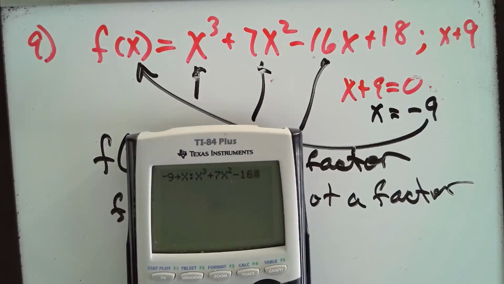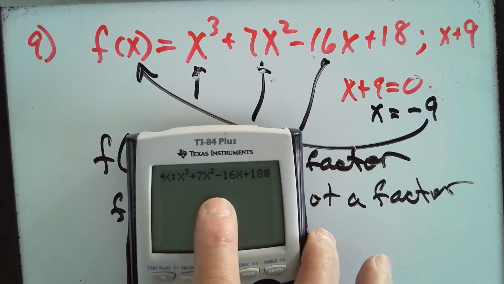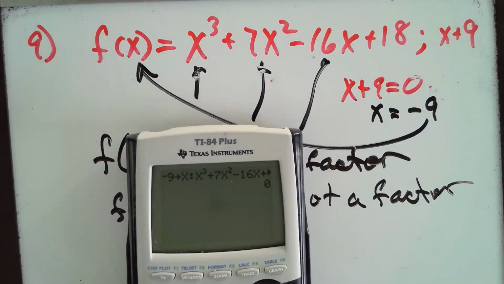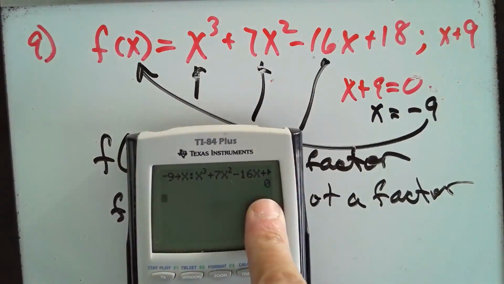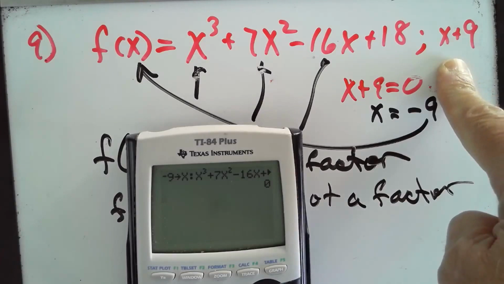Minus 16x plus 18. And it's a good idea to double check that, make sure that we entered it correctly. Okay. So we get 0 out. So can we say that x plus 9 is a factor?